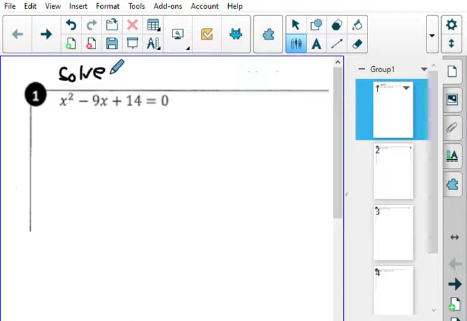You can use graphing, you can use factoring, or the quadratic formula. And we're going to do all three for this same problem. You're going to see how no matter what, we can get the same answer.